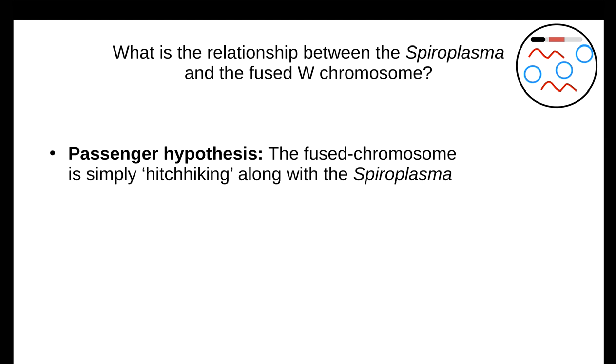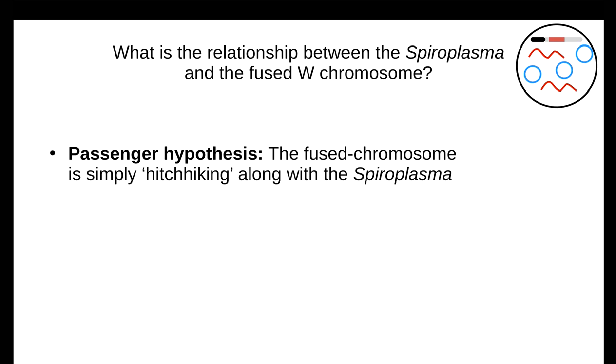And in this hypothesis, the fused chromosome, that's got stuck onto the W, is simply hitchhiking as the spiroplasma spreads through the population. Why the spiroplasma seems to be spreading through the population so fast is another question, and we have various hypotheses about that. But it could simply be that by killing males, the daughters of each brood get more resources for themselves.